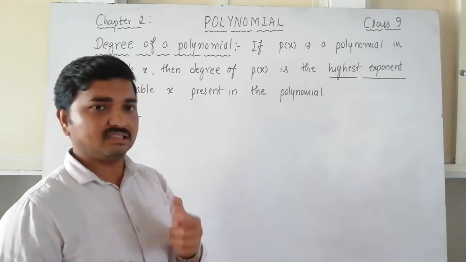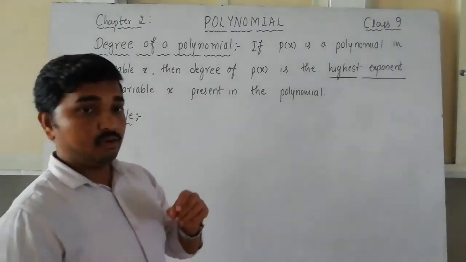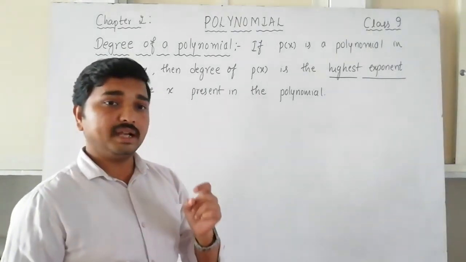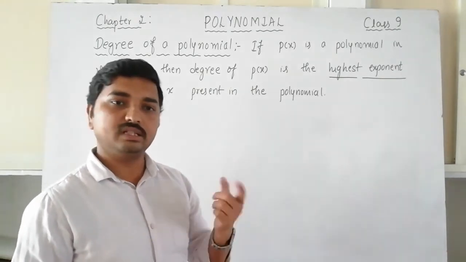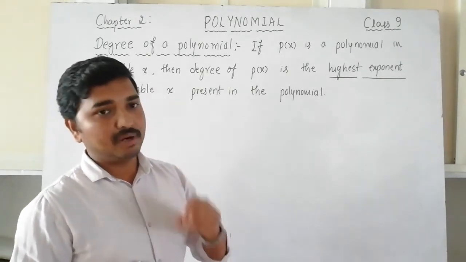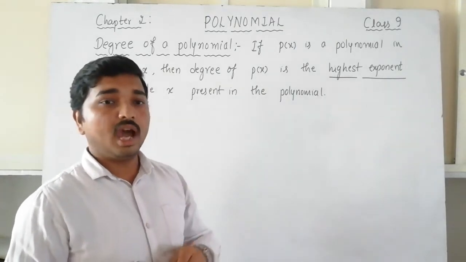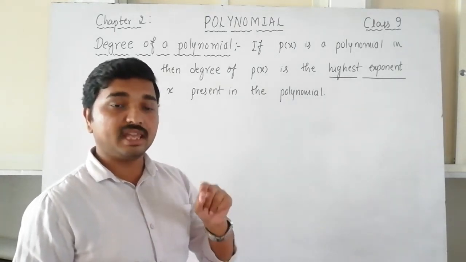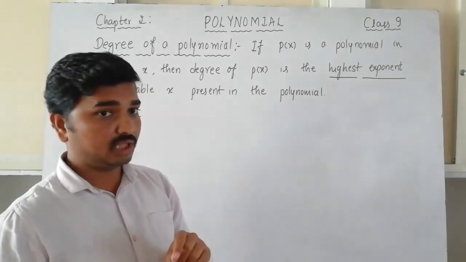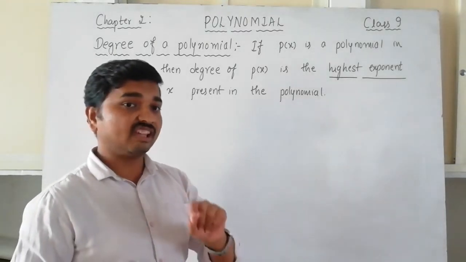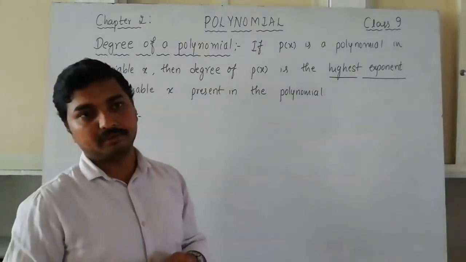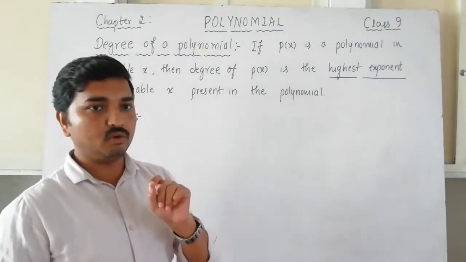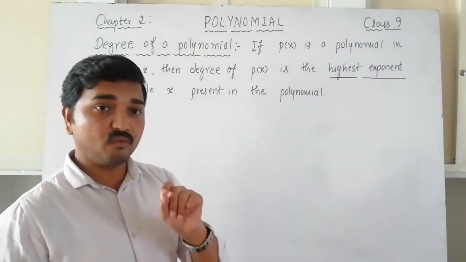You can find different exponents of x in different terms, but for the highest power, you have to consider the exponent of x only. This is because x is a variable. You only need to notice the power of the variable.